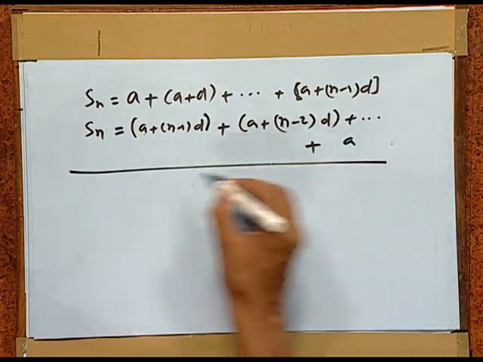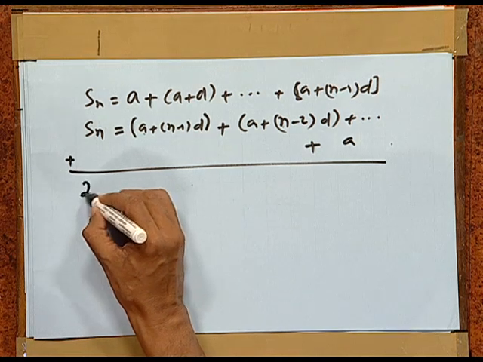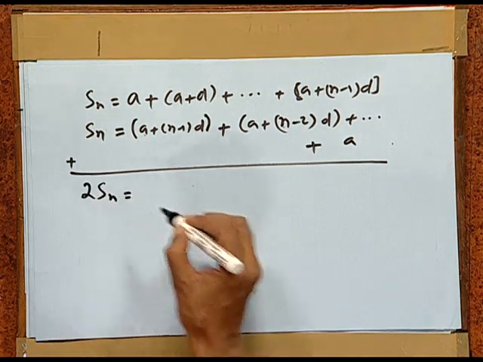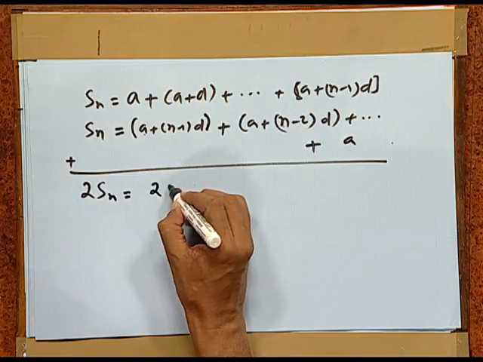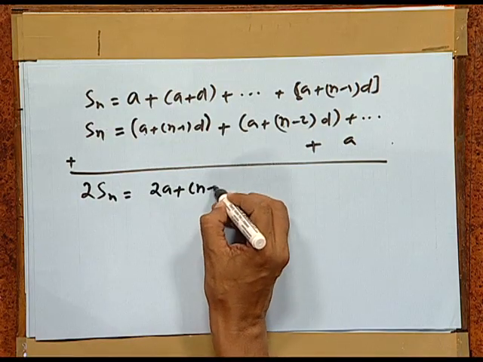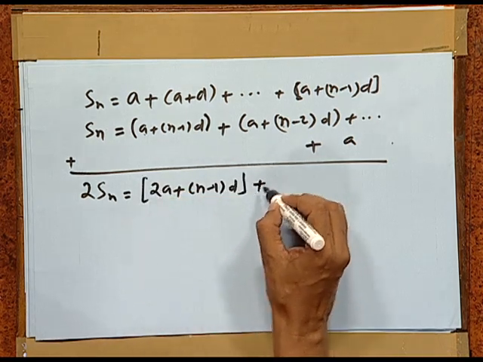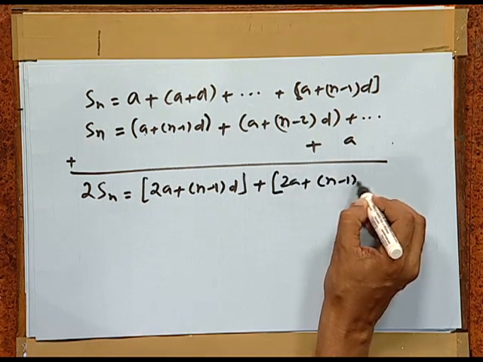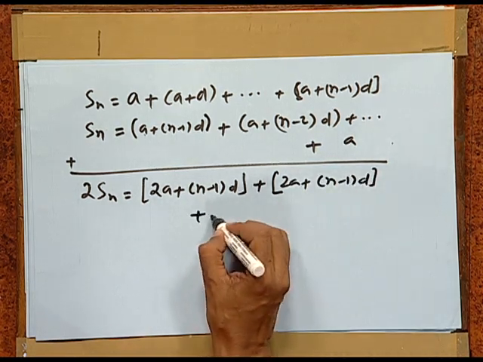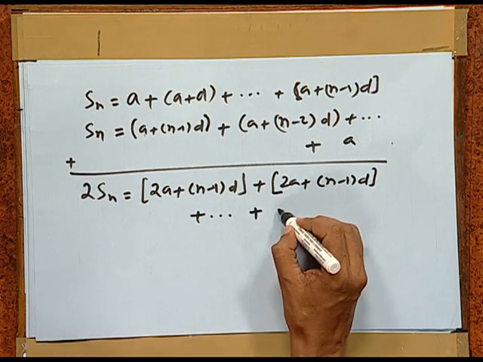If we add it, on the left hand side we get 2Sn, while on the right side we have 2a plus (n minus 1) d as the first term, also the same thing as second term, and so on, and we get such terms in n number.